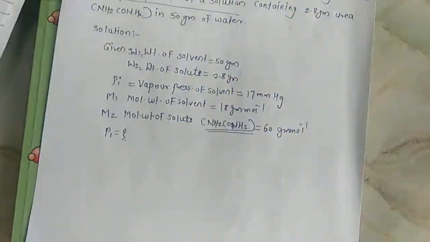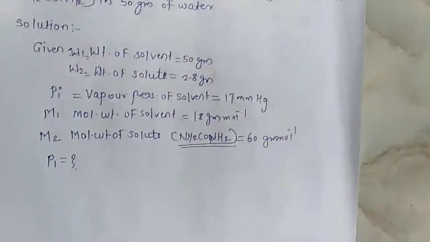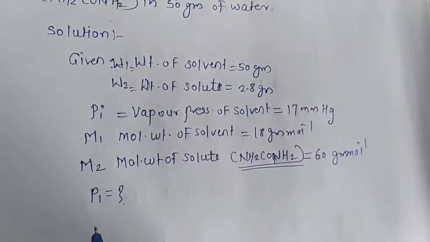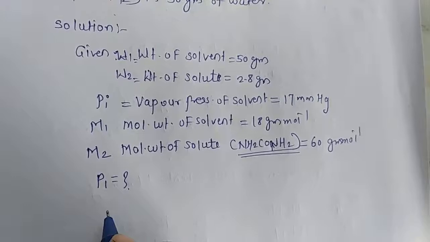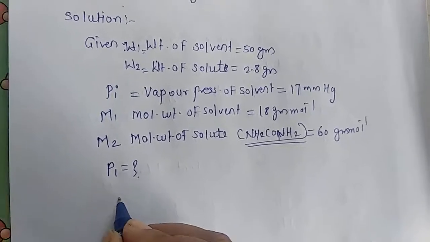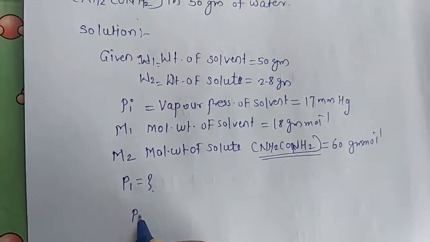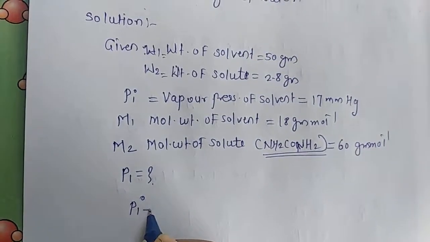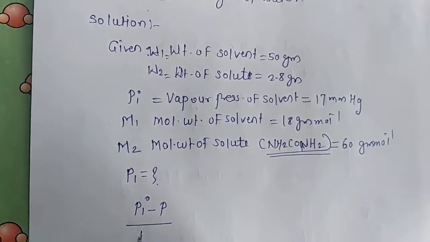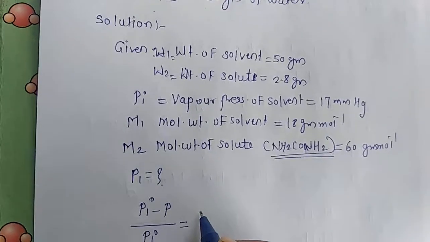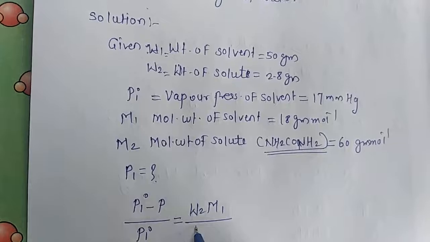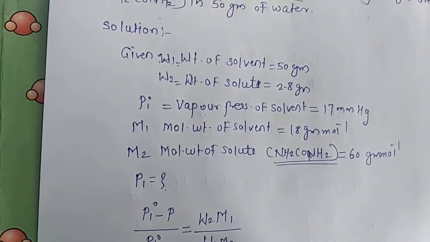Okay, so let's start. We have one formula to calculate the vapor pressure, the relationship between the relative lowering of vapor pressure and the molecular weight, given as (P10 minus P) upon P10 equal to W2 M1 upon W1 M2.